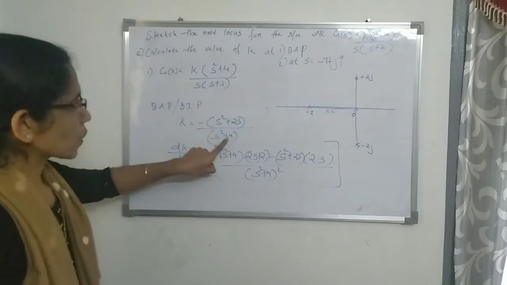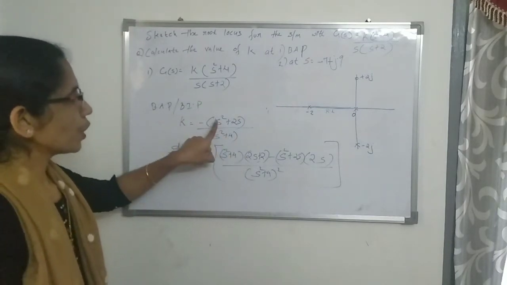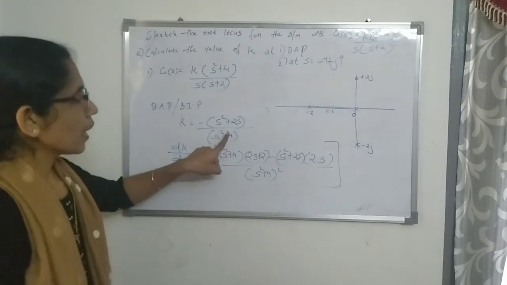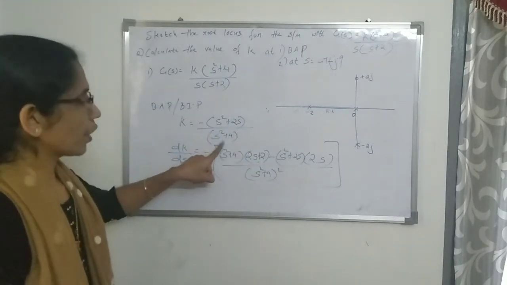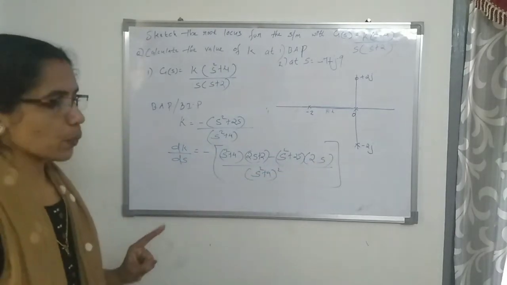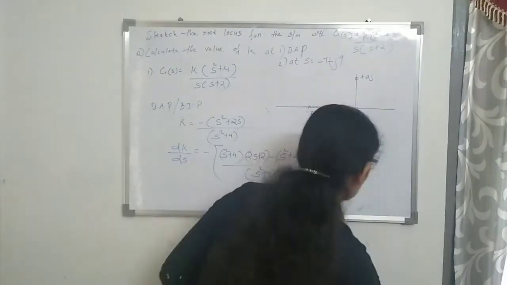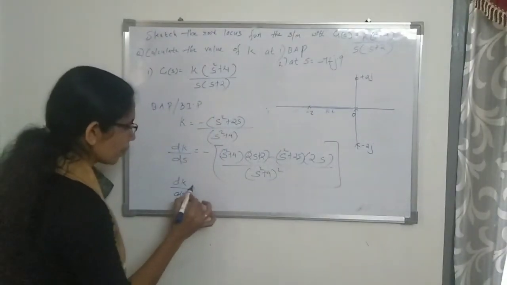Therefore, taking the minus common, dK/ds = -[(s^2 + 4)(2s + 2) - (s^2 + 2s)(2s)] / (s^2 + 4)^2. We need to find the value of s where dK/ds is equal to 0.